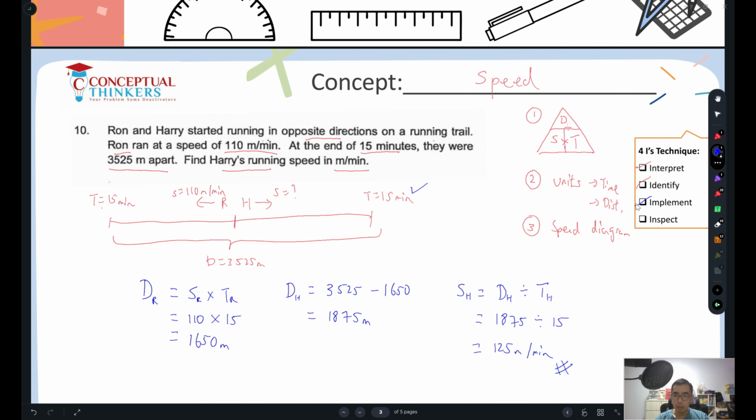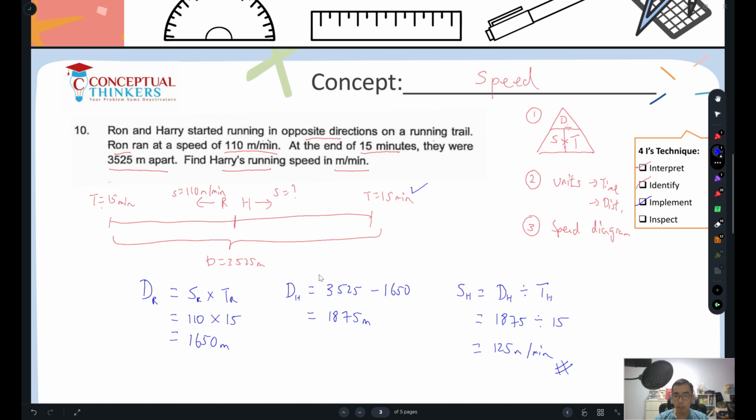Okay, now next thing is how to inspect the solution. If you look at the speed of Ron is 110, then the speed of Harry is 125. Now you notice that the distance covered by Harry is more than Ron. So the answer does make sense. These are a few things that I will check just by visual. Now next thing is to ensure that you didn't use any of the numbers wrongly.